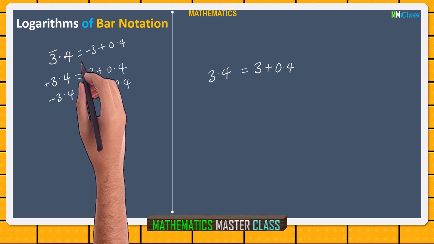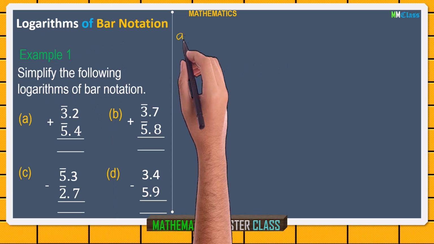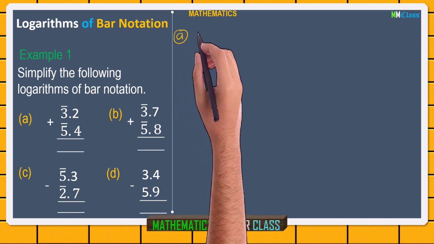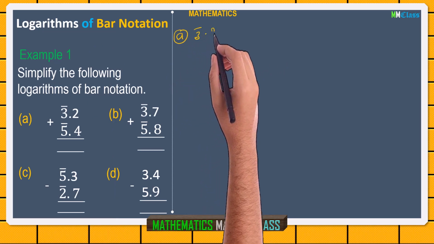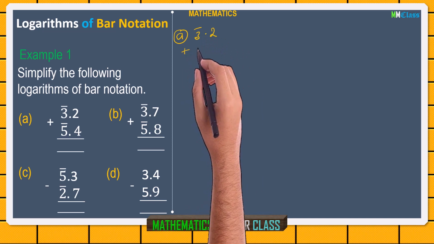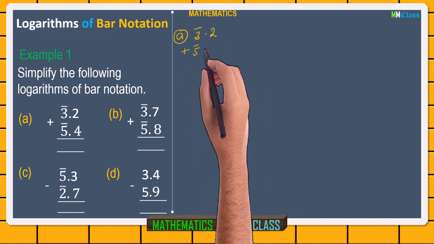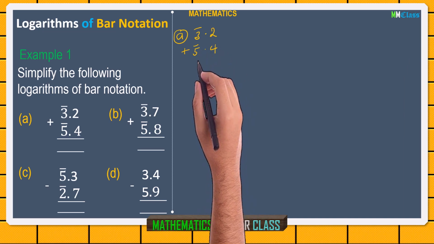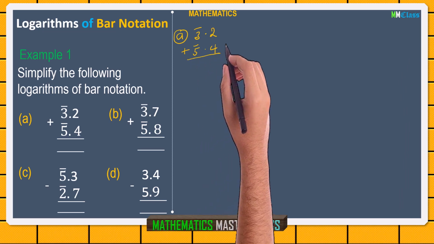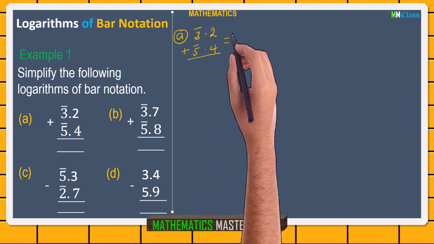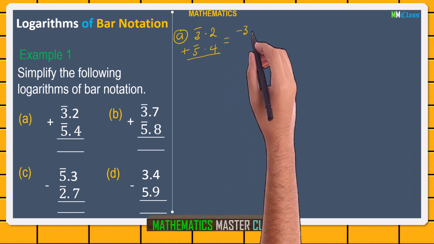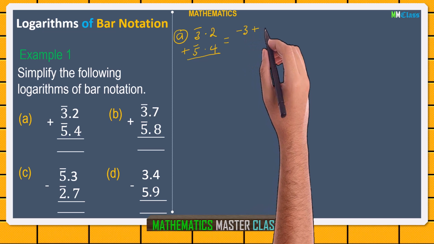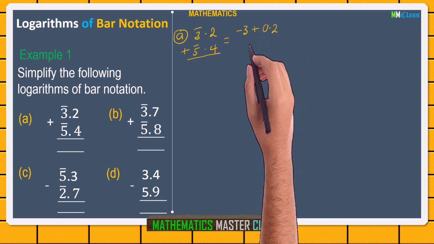So let's look at example 1. We have bar 3.2 plus bar 5.4. So if we are to add them, we'll first of all expand this to minus 3 plus 0.2, which becomes 0.2.